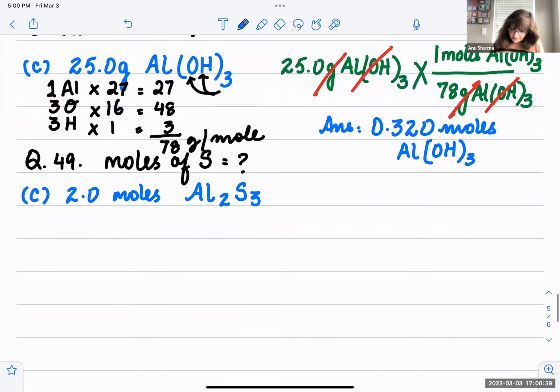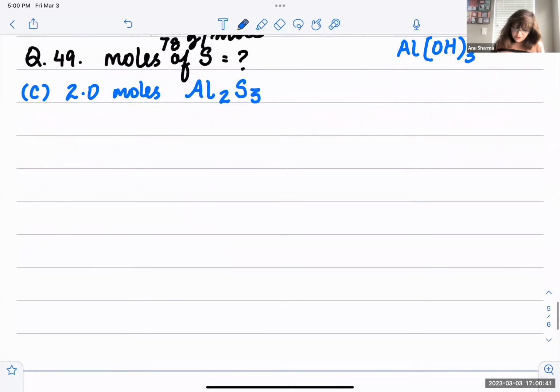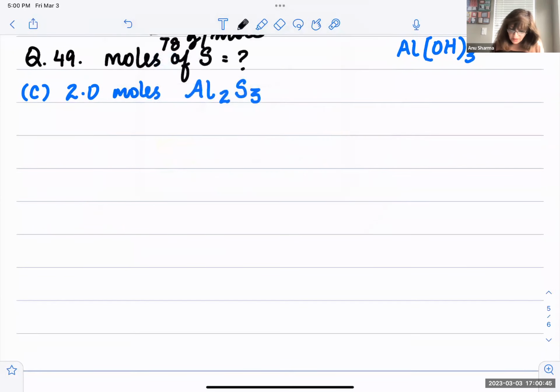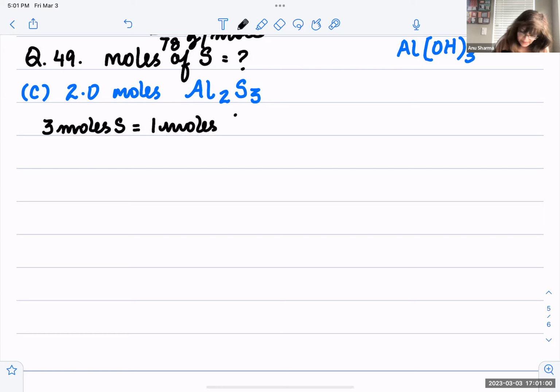All right. Now the last is question number 47, moles of sulfur. Now here they are giving you how many moles of sulfur are in 2 moles of Al2S3. So it's a parts to whole question. So we know that 3 moles of sulfur are present in 1 mole of Al2S3.